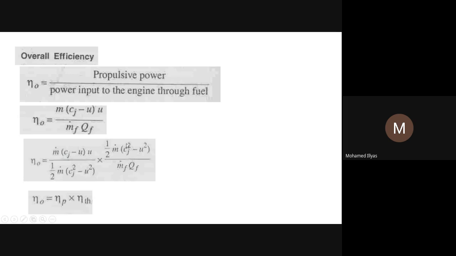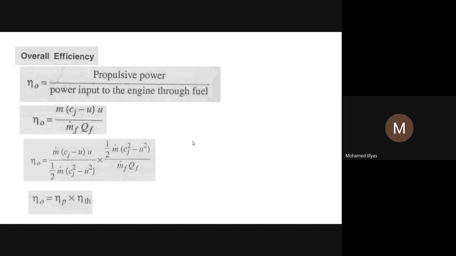Similarly, thermal efficiency is output by input. We can cancel m dot Cj square minus U square in both the numerator and denominator. So it gives the relation for overall efficiency. So overall efficiency can also be calculated if you know the propulsive efficiency and the thermal efficiency.